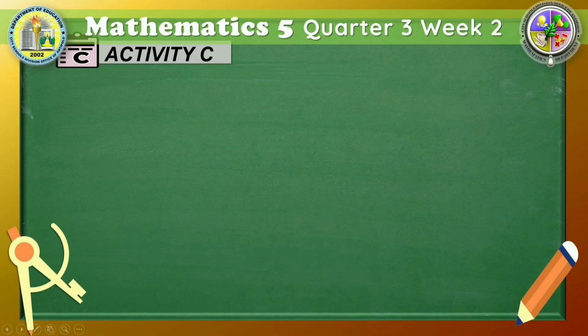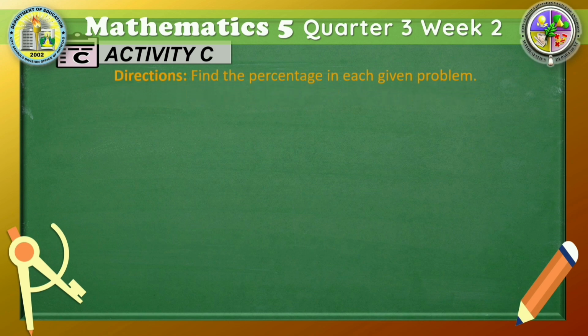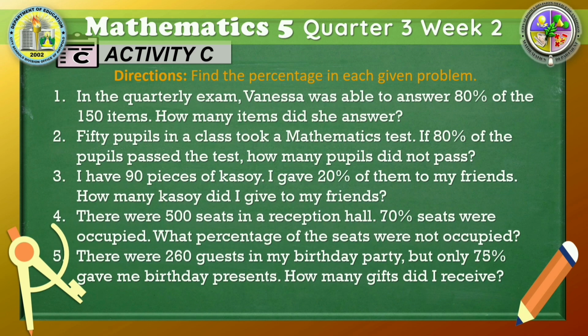Finally, we're now in activity letter C. Directions: find the percentage in each given problem. Let's try to answer number 1. In the quarterly exam, Vanessa was able to answer 80% of the 150 items. How many items did she answer?